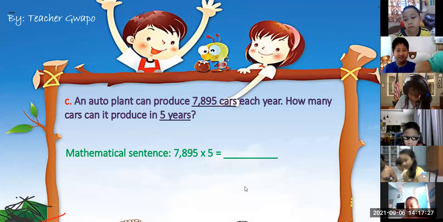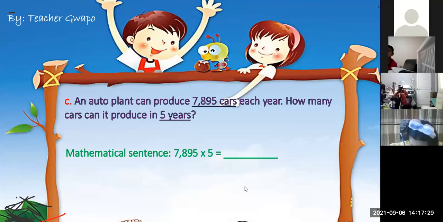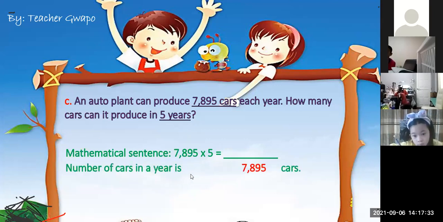Now here we go. Let us write it here. Number of cars in a year is 7,895 cars just in 1 year.